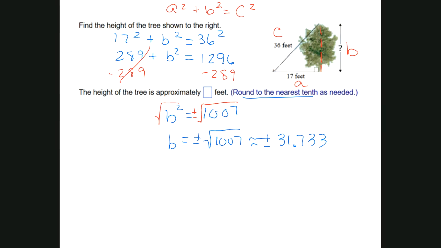So the tenth position is where the 7 is at. I'm looking to the right of that 7, and it is smaller than 5, so that 7 will remain. And that's giving me 31.7 feet. That's the final answer.